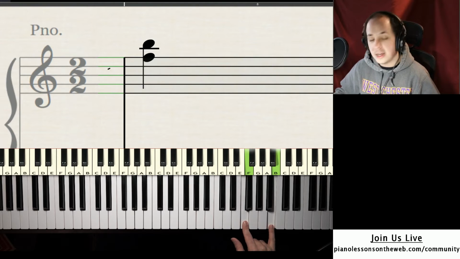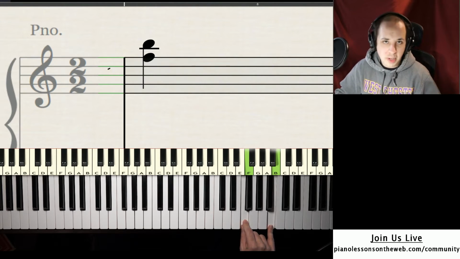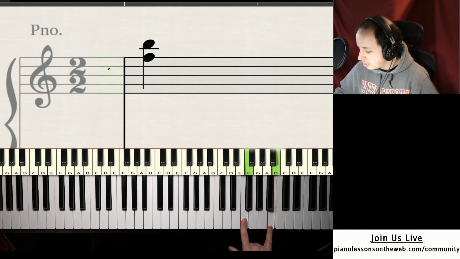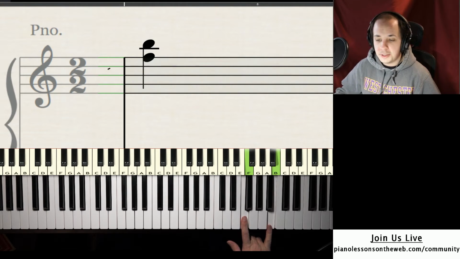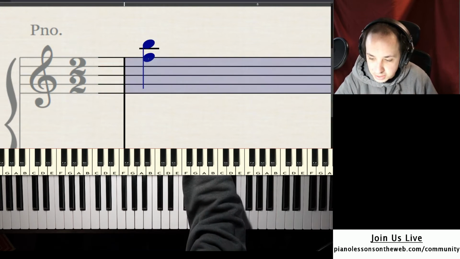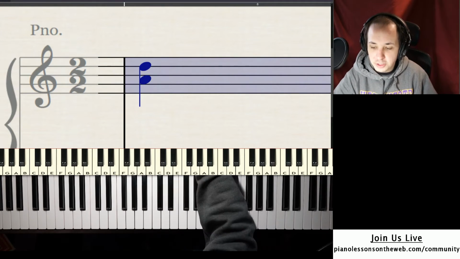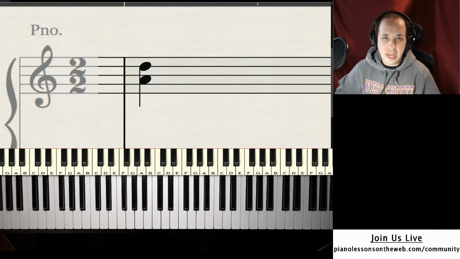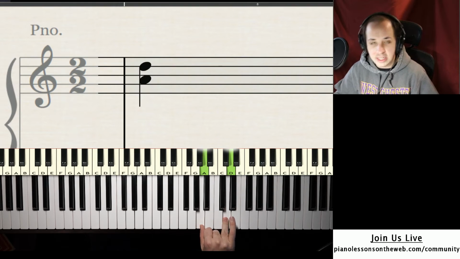So if you can identify intervals by sight, and we also have an interval practice lesson I'll leave in the description, that is very, very important, because whether it's on the staff down here or off the staff, you can use that information to read the notes faster, like right here, A and D, pretty easy.